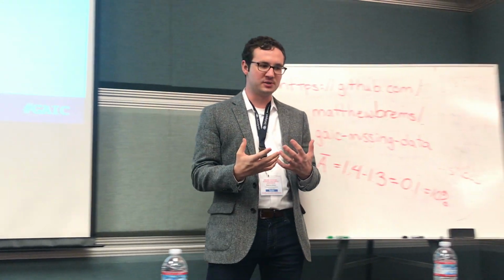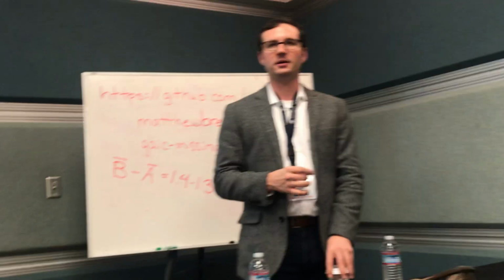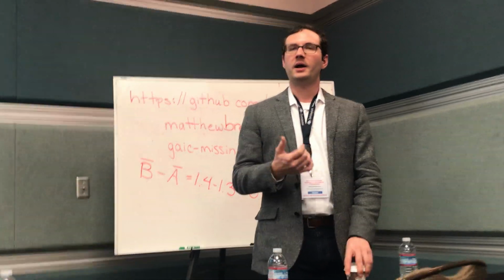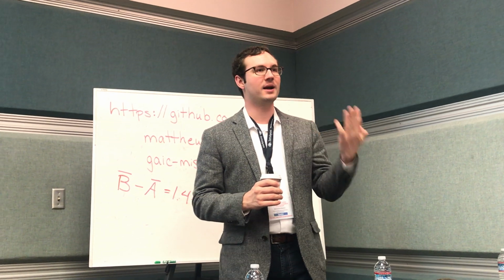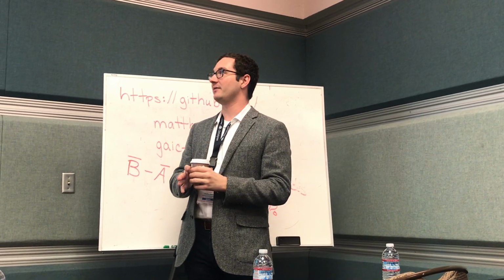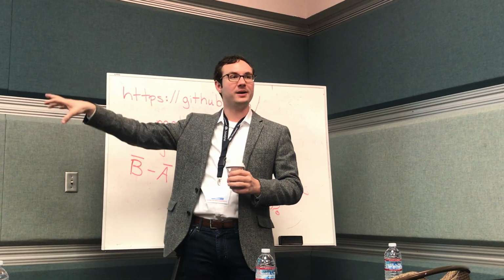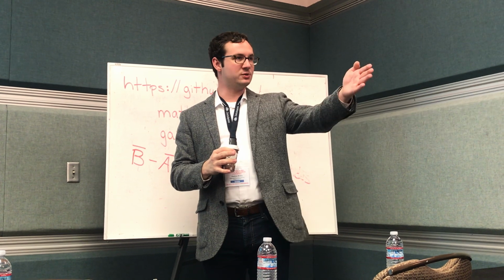Whenever I ask my students this, they look at me kind of funnily and they're like, well, wait, do we fill in male? And I'm like, well, no, because if we fill in female, we're making up that data. If we fill in male, we're still making up that data, and we're now giving it a substantially less likely value. So then someone might say, well, let's do as you suggested.